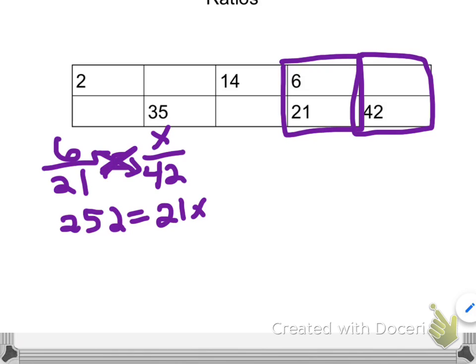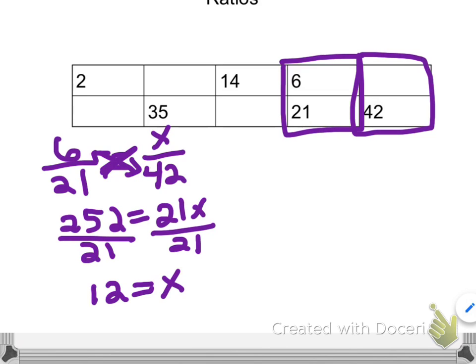And then I need to isolate the x by itself, so I'm going to divide both sides by 21 to get rid of that. And when I divide that out, I'm going to actually get 12 equals x. So I'm going to fill in that 12 right up there in that box. And now I've got my first one done.